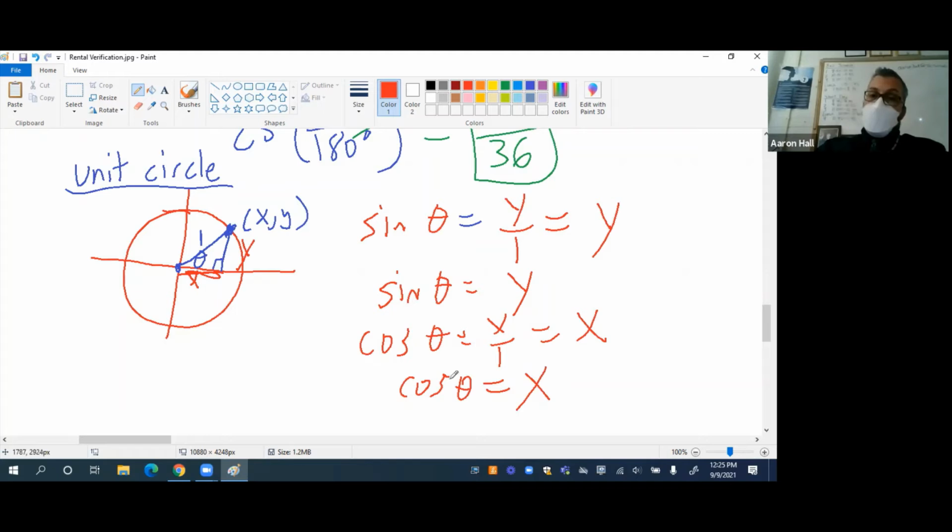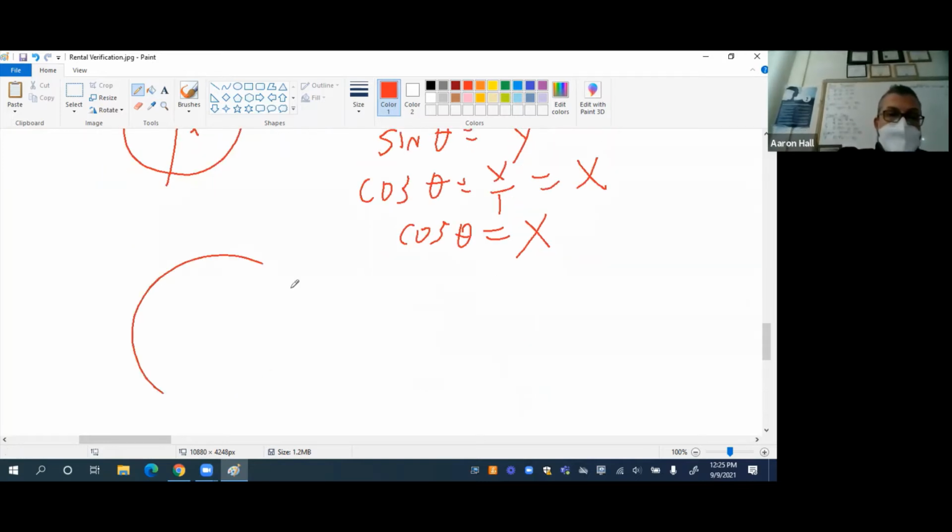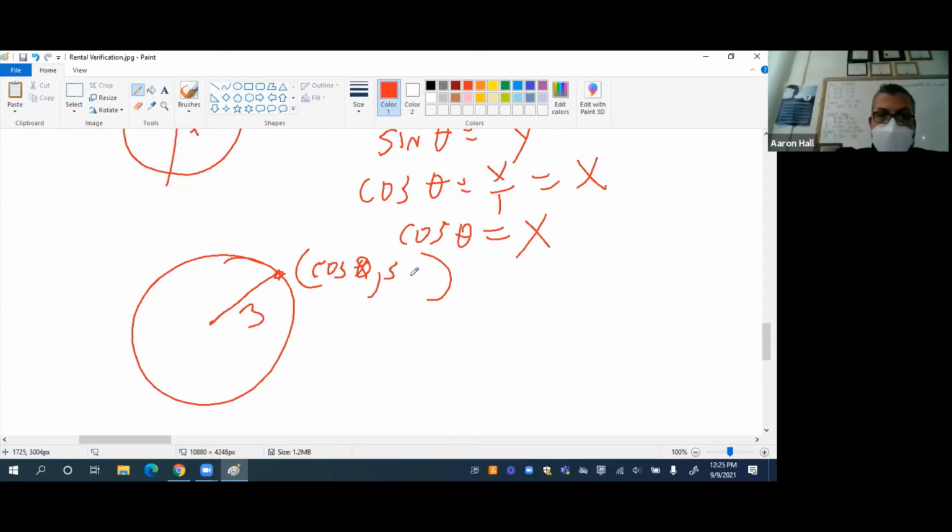That becomes really helpful to think of our x value. This is just for a unit circle, right? If we had a circle with a radius of, I don't know, 3, how does that change my cosine of theta versus my sine of theta? If this is still the origin, this is still 0, 0.